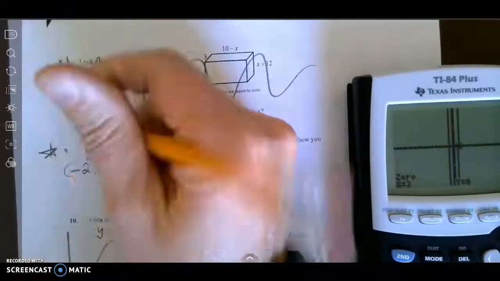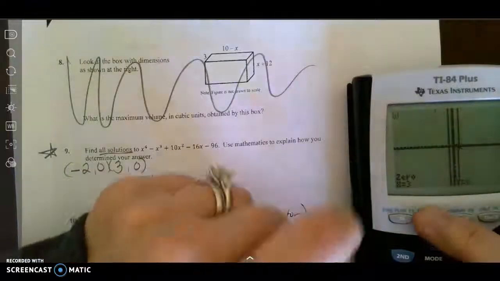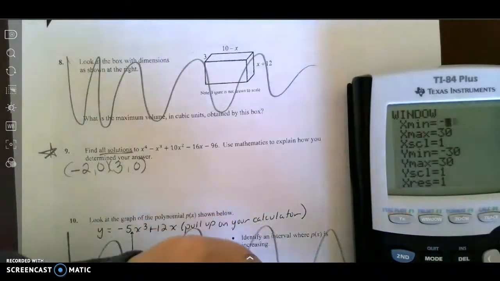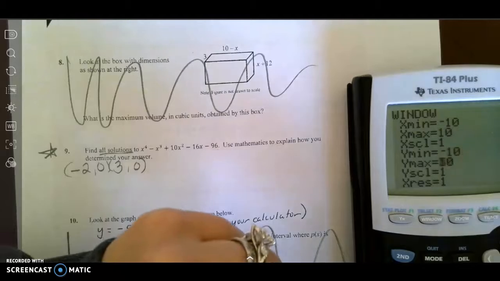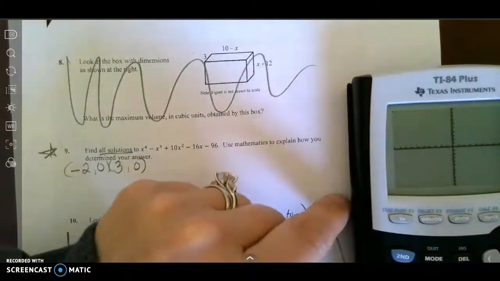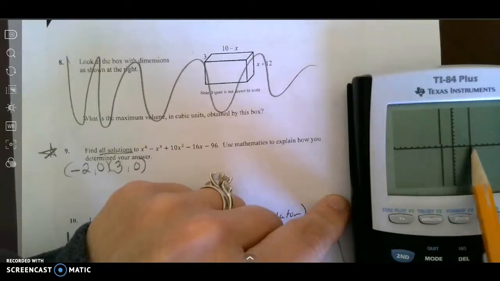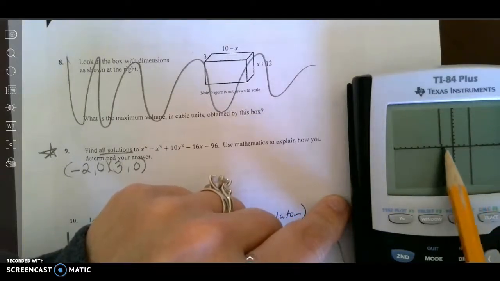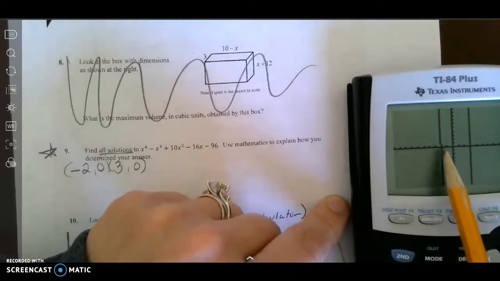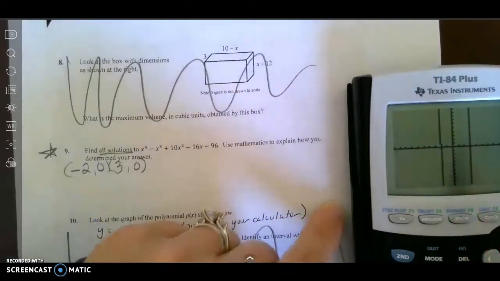Good thing I checked. 3, 0. I wonder if I just counted wrong on my initial graph. I want to see that again. I did. I'm so sorry. -2, 0 and 3, 0. So it's a good thing I double checked. But yes, you can see it very clearly here that this is at -2 and this is at +3.